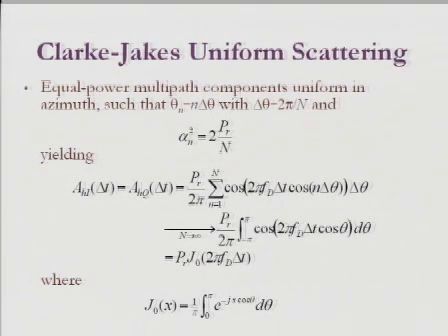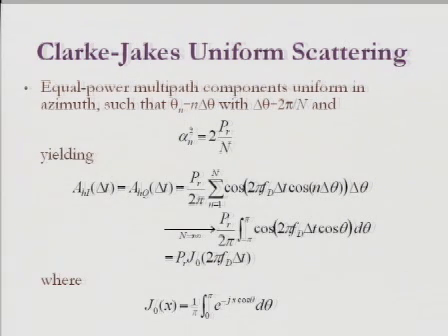Now let's allow this capital N, the number of components, to go to infinity. Remember the picture I had with all these components arriving at equal angles. Now let's allow this to get more and more dense, so that in the limit, there are components in every single tiny direction.